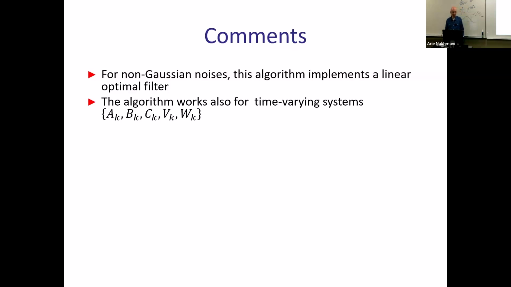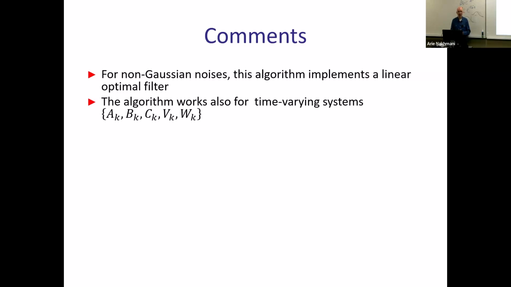The algorithm works also for time variant systems, which means I don't have to assume in that case that matrices A, B, C, D are constant matrices, or that matrices V and W are constant. Your noises might change in time, their statistical properties, variances might change in time, and your matrices A, B, C, D might change in time, the way you want them to. So it's a linear but time variant system.